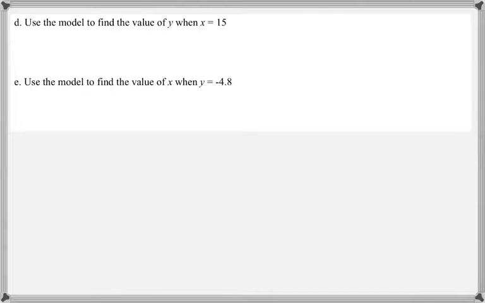So part D, now we're using the model. So we have the regression line, and we're trying to use it to find things. So there's not really context here. We will look at one where there is some kind of context to the question. But here it says, use the model to find the value of y when x is equal to 15. So basically all we need to do is plug in 15 for x in our equation.